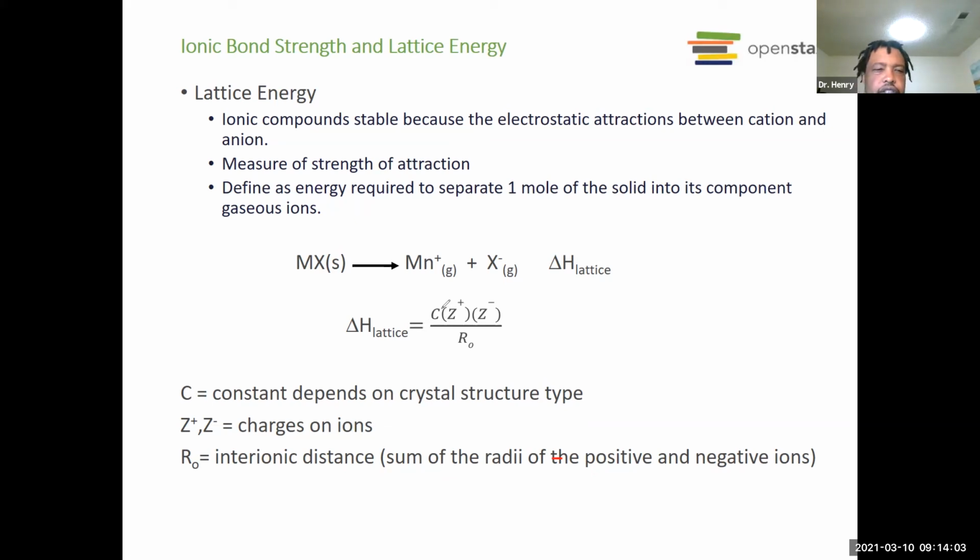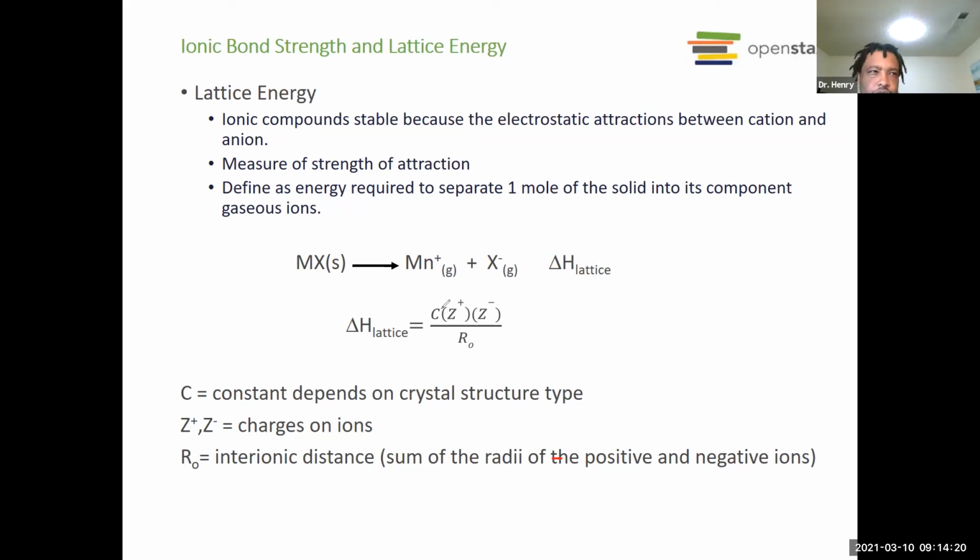It's just a constant that depends on the crystal type. That'll be given to you. It'll tell you which crystal structure you make.